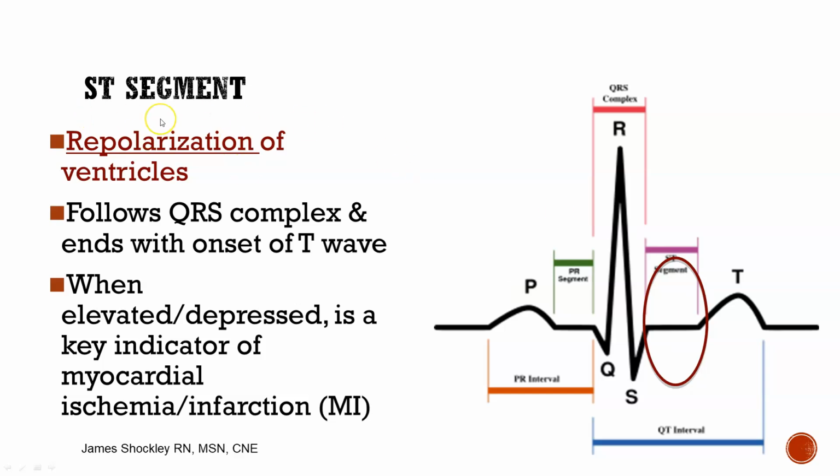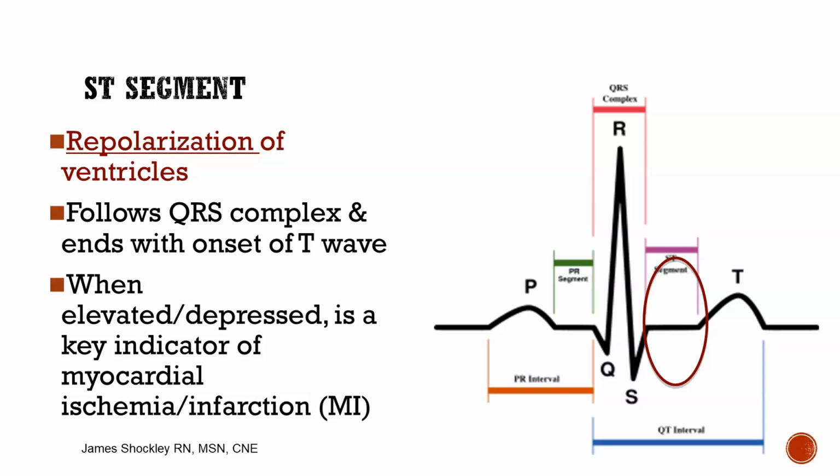So that ST segment then becomes really vital to what we assess, and it means very different things. Okay? We know that we're working our way from ventricular depolarization to repolarization of the ventricles. And so we have the QRS, and then right after that is that ST segment. Your ventricles are trying to relax.